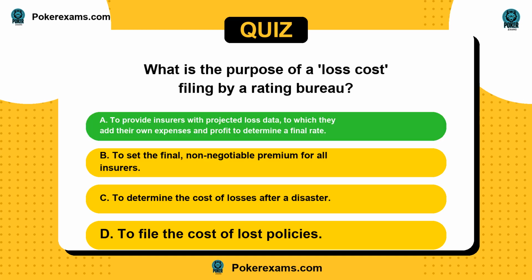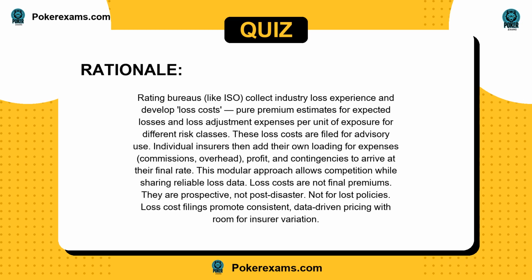The answer is A. Rating bureaus, like ISO, collect industry loss experience and develop loss costs, pure premium estimates for expected losses and loss adjustment expenses per unit of exposure for different risk classes. These loss costs are filed for advisory use. Individual insurers then add their own loading for expenses, commissions, overhead, profit, and contingencies to arrive at their final rate.